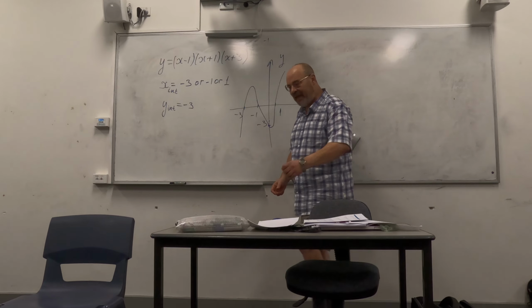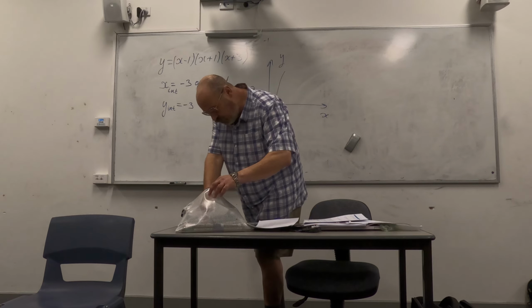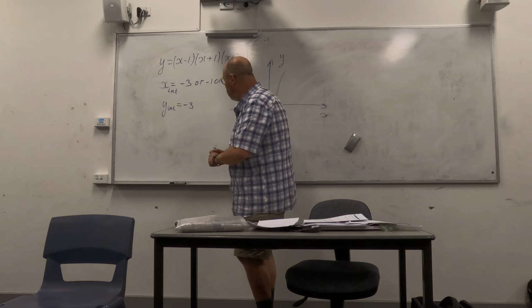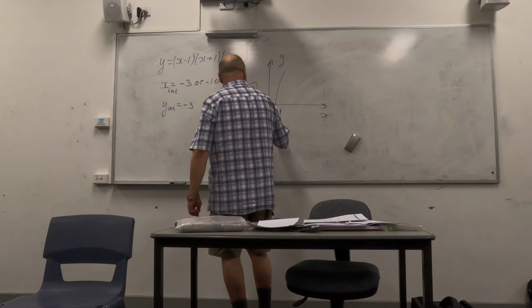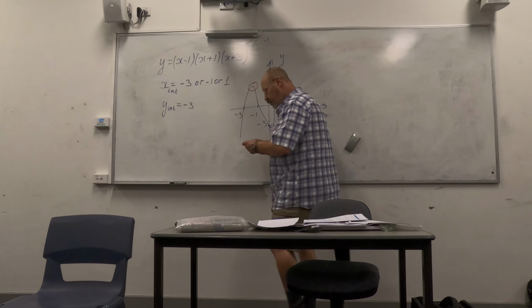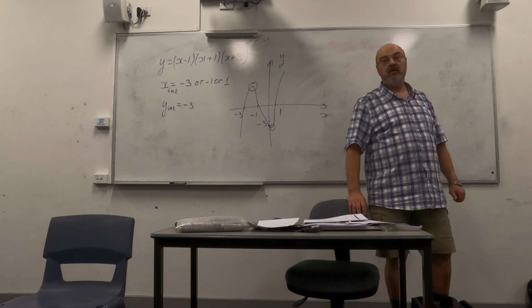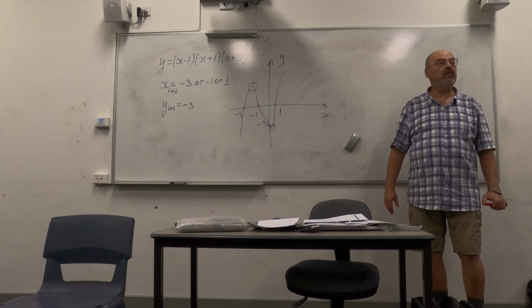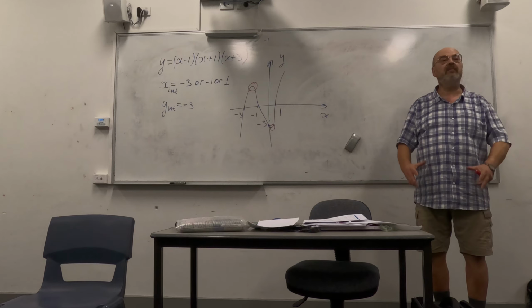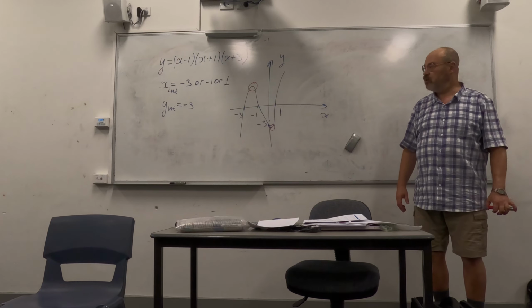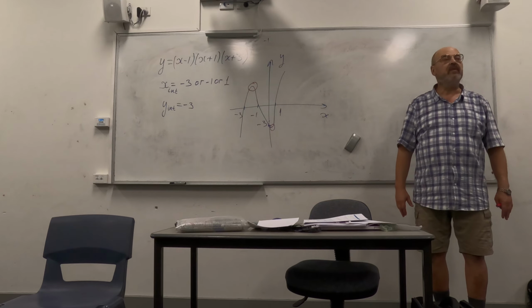Turning points: at this stage, in Tag 3, you cannot identify the values of the turning points. Later in the year, when we learn calculus and differentiation, you will be able to identify them.